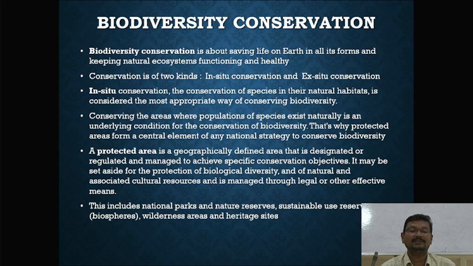In situ conservation, the conservation of species in their natural habitats, is considered the most appropriate way of conserving biodiversity. Conserving the areas where populations of species exist naturally is an underlying condition for the conservation of biodiversity. That's why protected areas form a central element of any national strategy to conserve biodiversity.